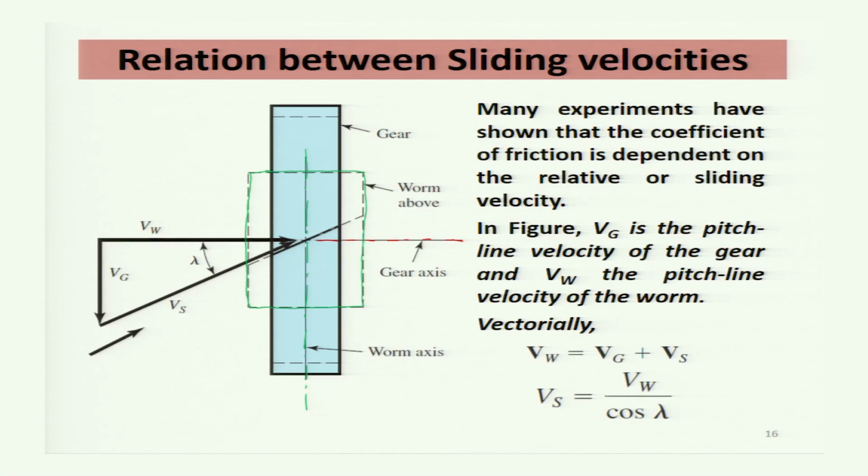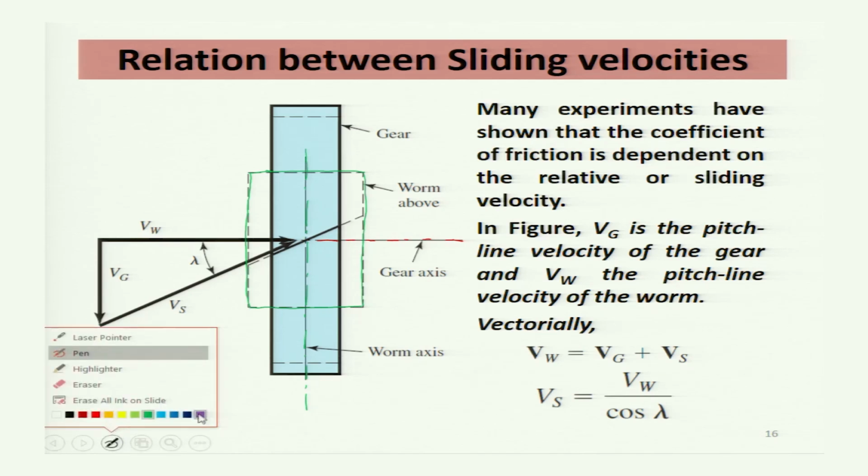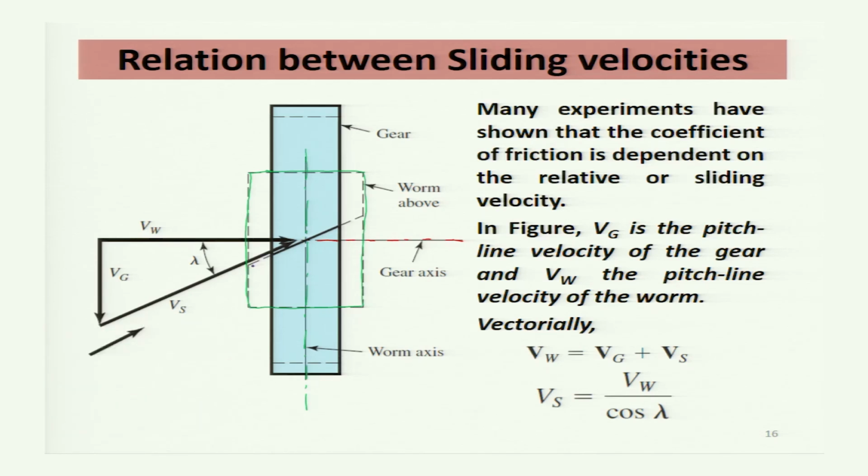The thread on the worm is given by this. This is the direction of the thread, and the angle between the tangent to the thread and a line perpendicular to the axis of rotation of the worm is called the lead angle, as we studied in our previous classes.